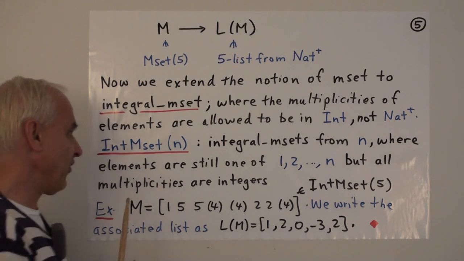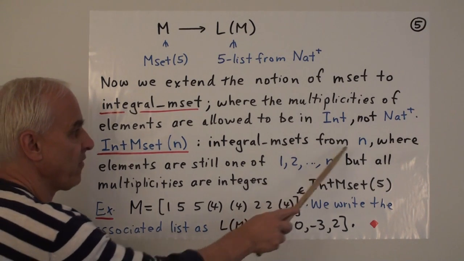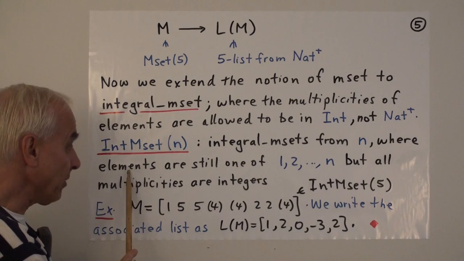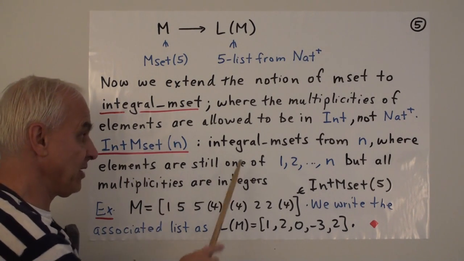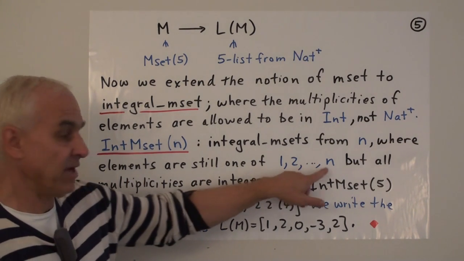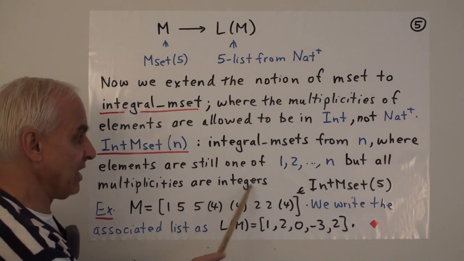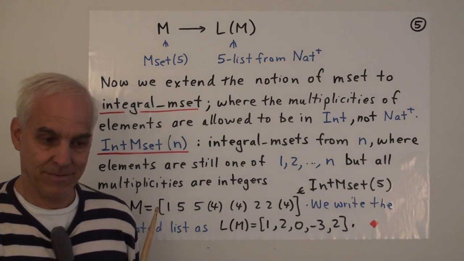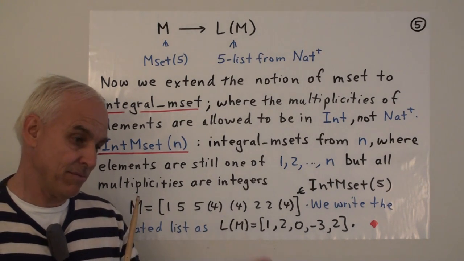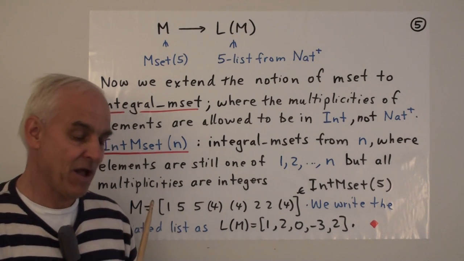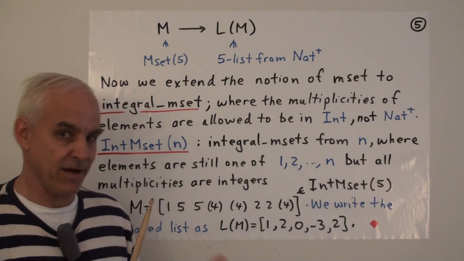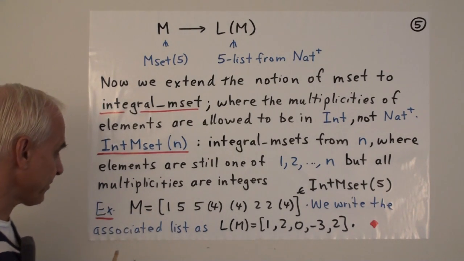So in this case, this means integral mset from n, where the elements of the mset are still one of the numbers 1, 2, up to n. But now all the multiplicities are allowed to be integers, possibly natural numbers, possibly 0, possibly negative numbers like -3 or -27.